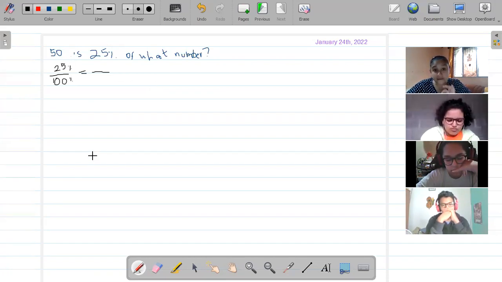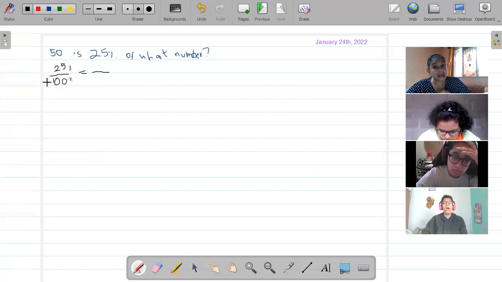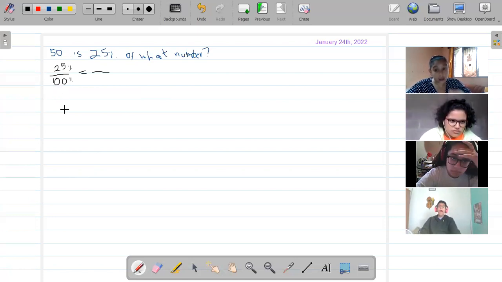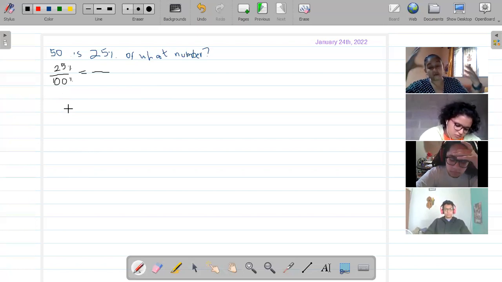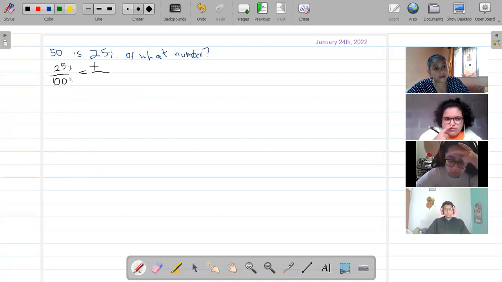It says 50 is 25%. So 50 has to go next to the 25% because it is the little part out of a whole that we do not know. So in this case, we're going to place 50 over here because 50 is the 25%.